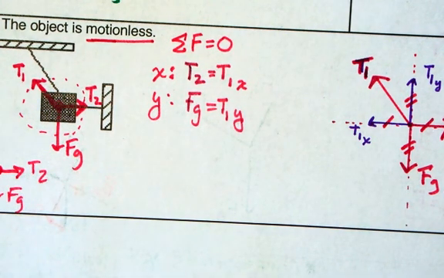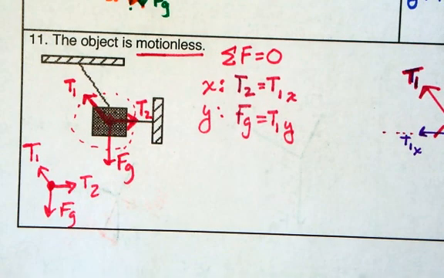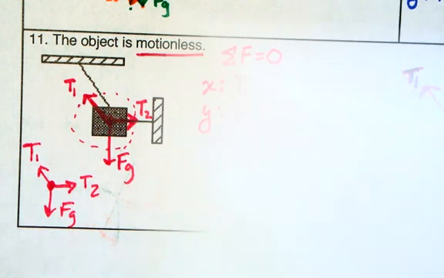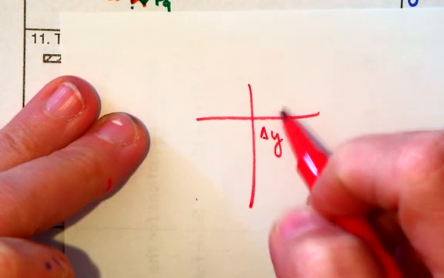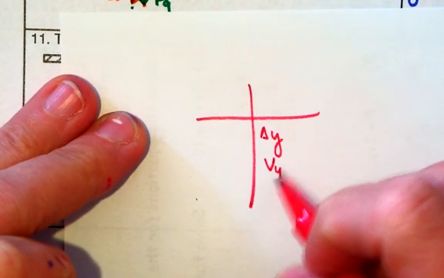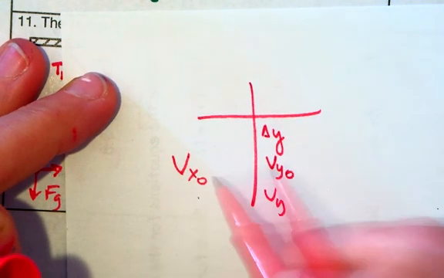Now let's take a little flashback into the last unit. In the last unit, we made T-charts of our X and Y motions of the parabolic motions, right? We'd say, all right, we have delta Y, we have Vy naught, Vy, and so on. We'd have a Vx naught.